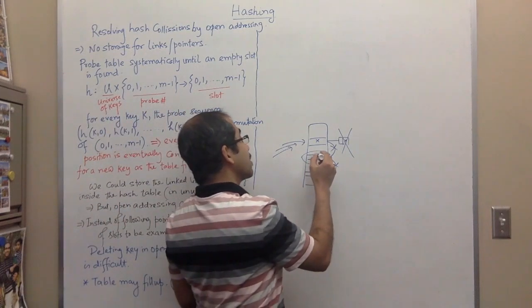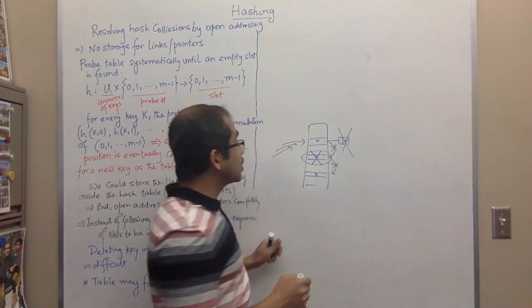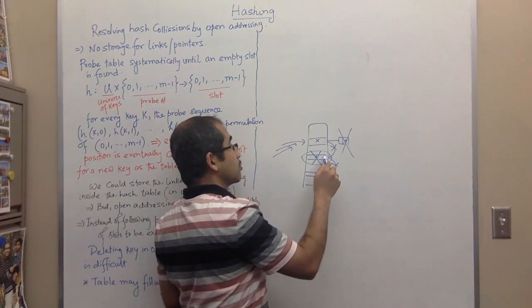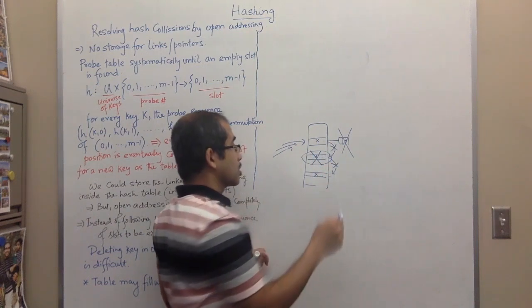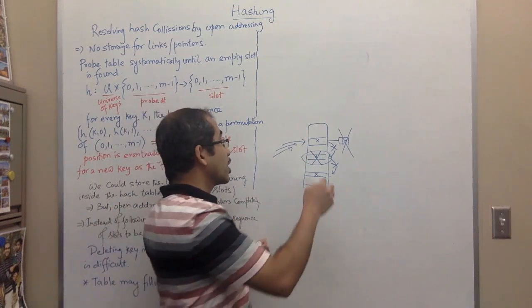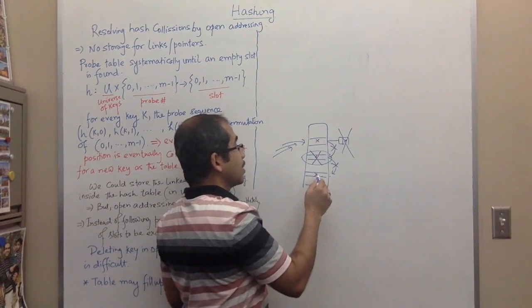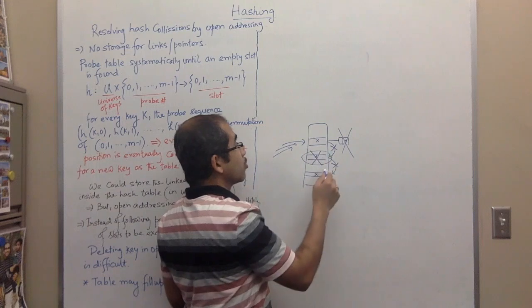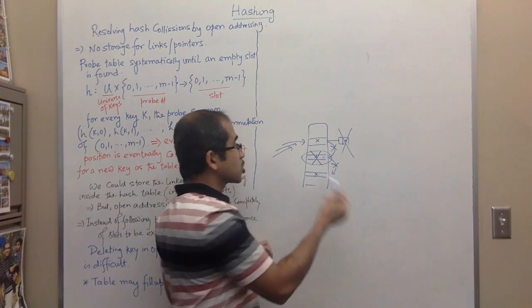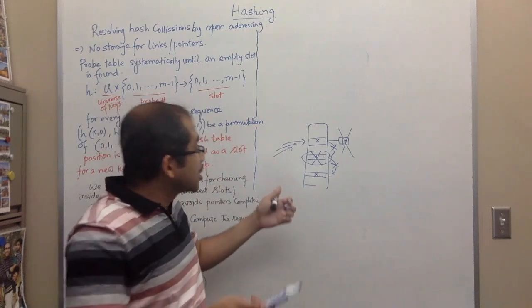What if this element is deleted? As I said, we first search here, then here, then we go to the third location. But if the second element is somehow deleted, when we are trying to search for one of the elements, suppose this element, we will have difficulty finding it, because we will come here, this slot should be filled, and then we see this is empty.